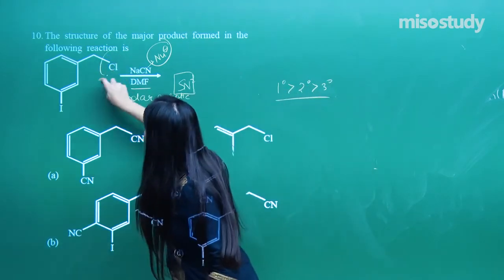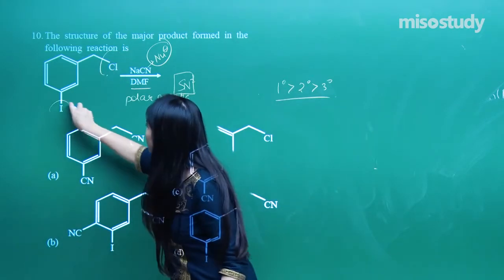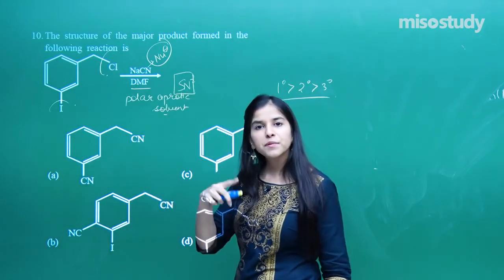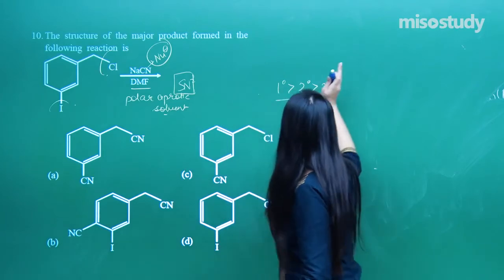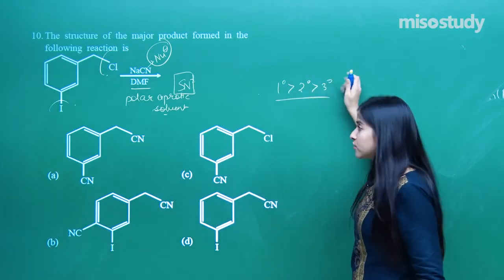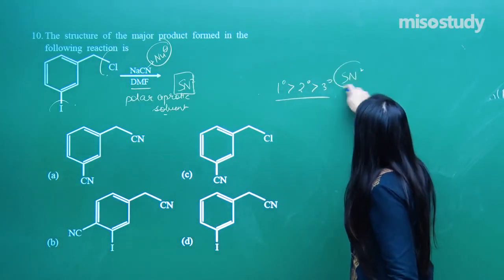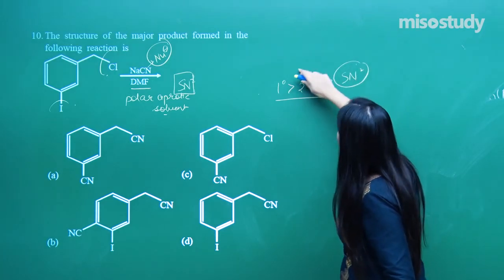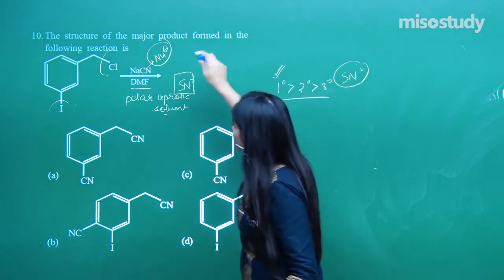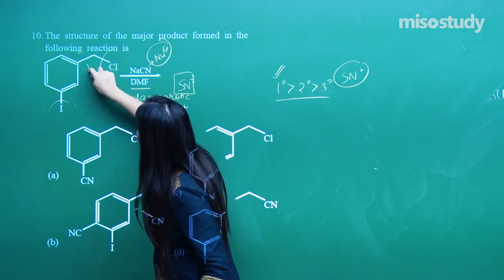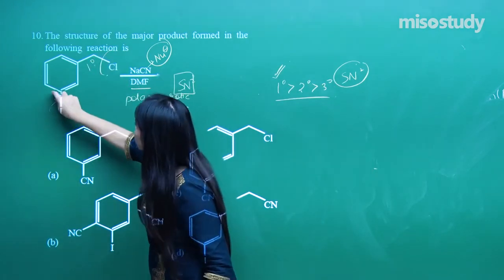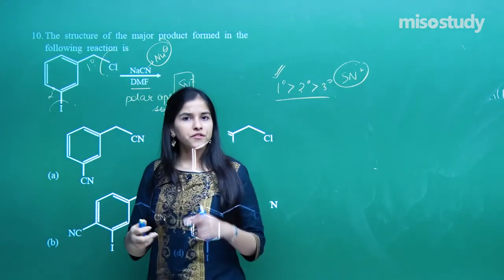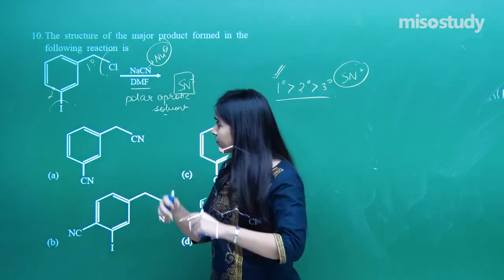So if I remove this chlorine, if I remove this iodine, which will be the most favourable? In the case of SN2, it would be the primary one. Where is the primary one? This is the primary one. And where is the secondary one? This is the secondary one. So we've got another option here.